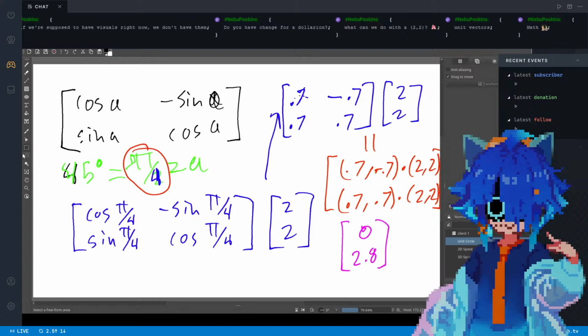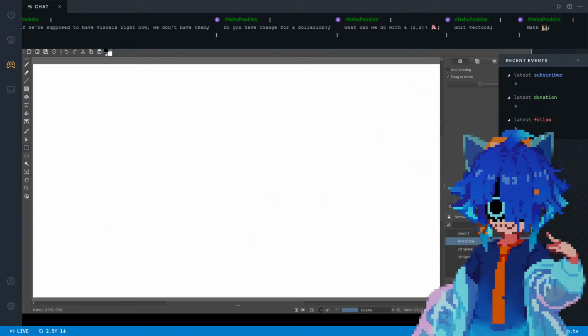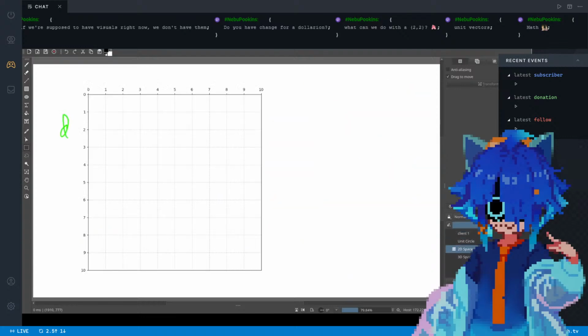And that kind of makes sense. If we go back and look at 2D space, if we have our good friend 2, 2 here, and we want to rotate him by 45 degrees, that new vector will look something like this.